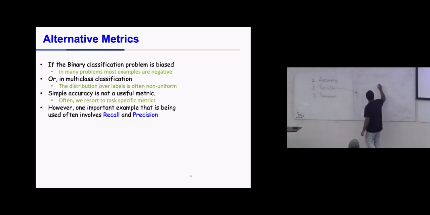So let's take each possible case, and let's say we are still dealing with a binary classification problem. So you have a 0, you have a 1, or let's say you have true and false. Let's create this matrix. Let's say these are predicted, and these are true labels.